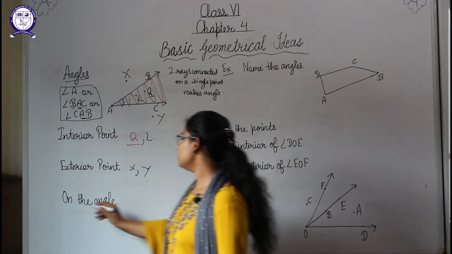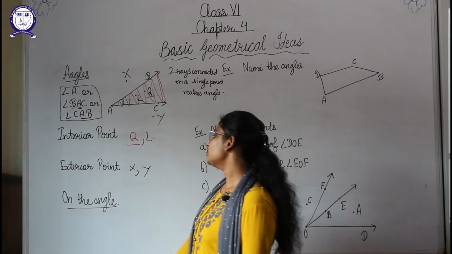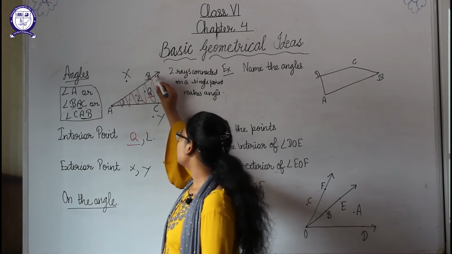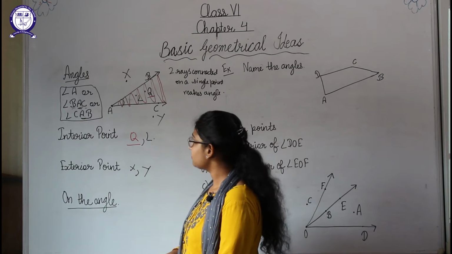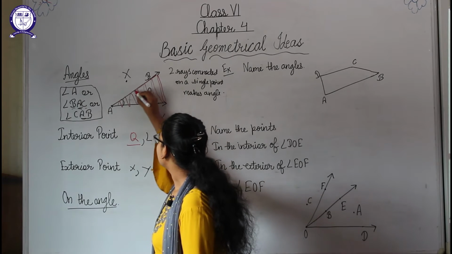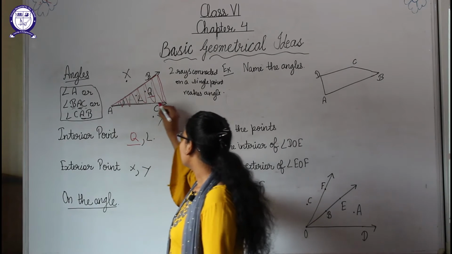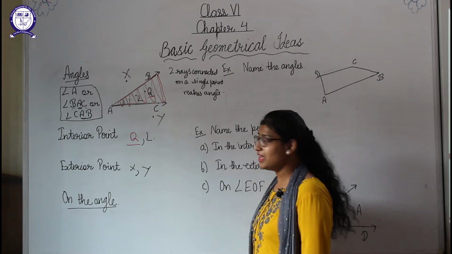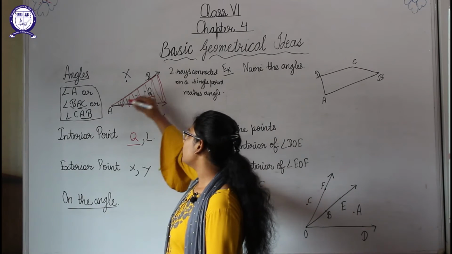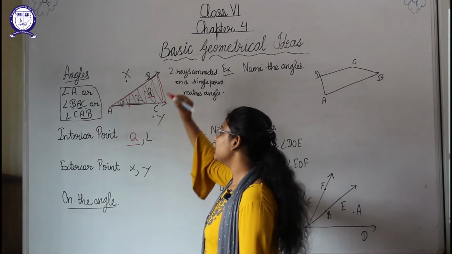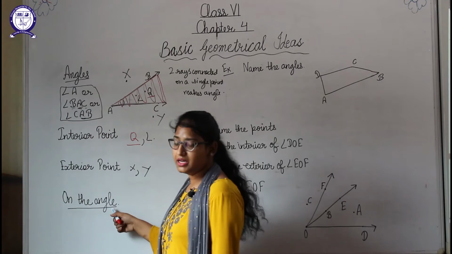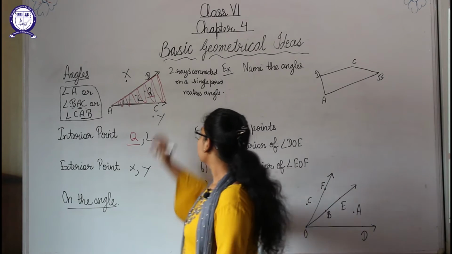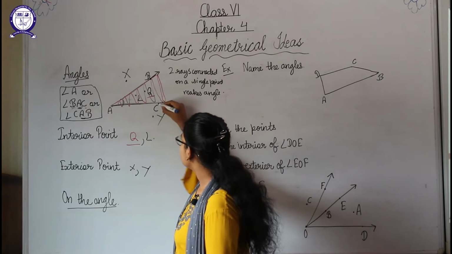Okay, now on the angle, what are the points on the angle? These are the two rays of the angle. This one ray and this one ray. These are on the angle. So whatever points are on these rays will be called the points on the angle. Here B is already here, C is already here.